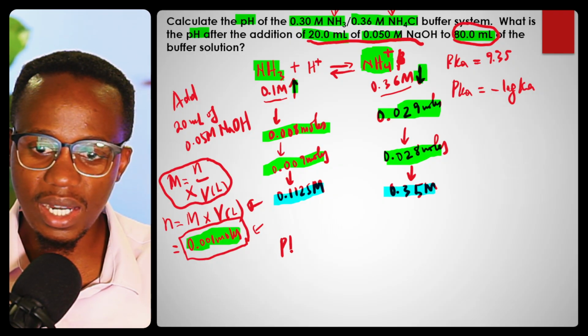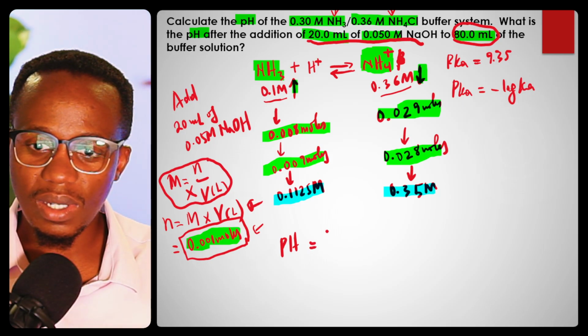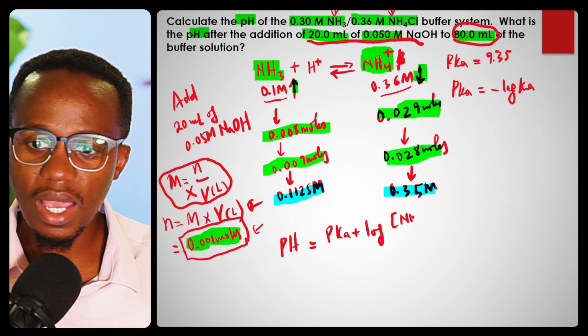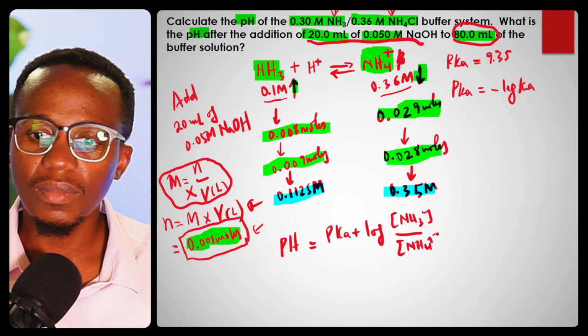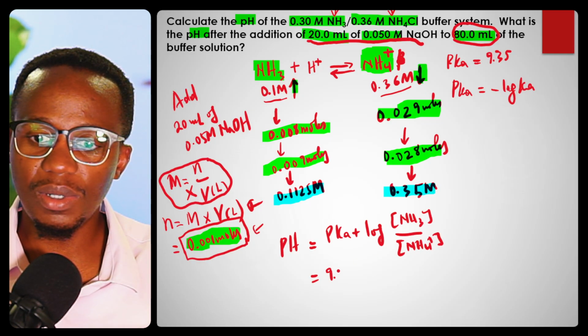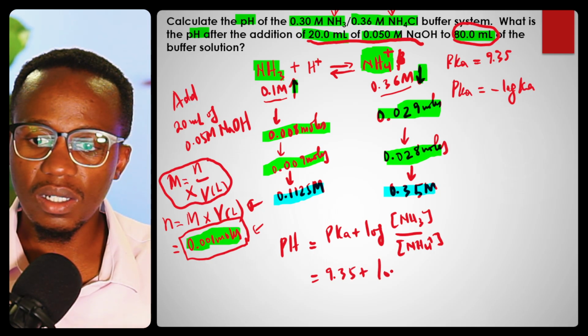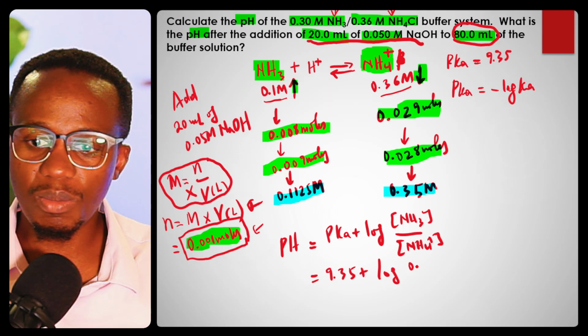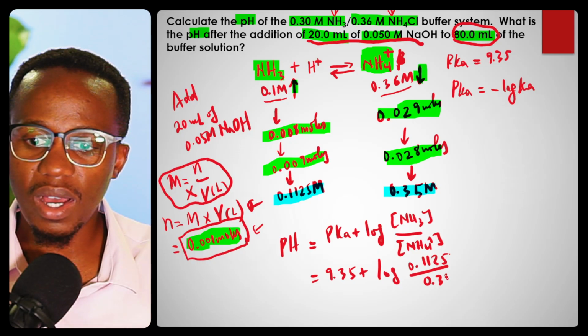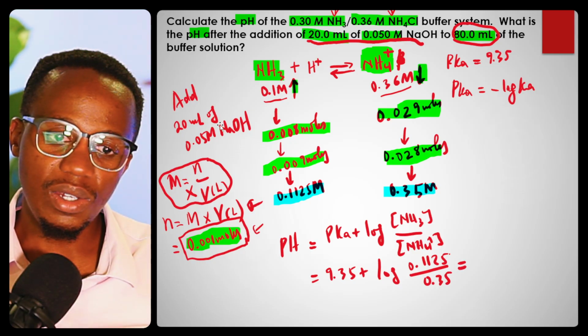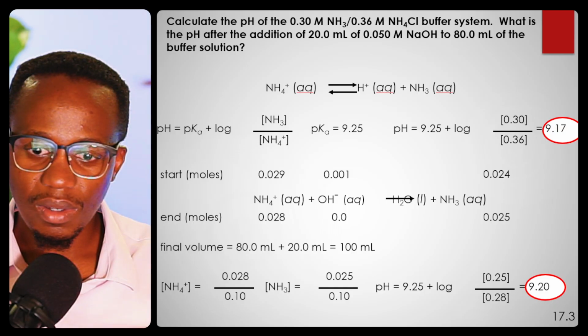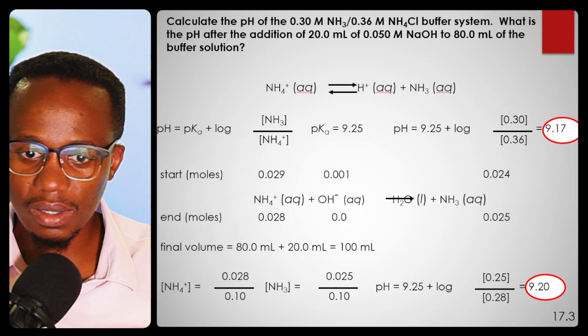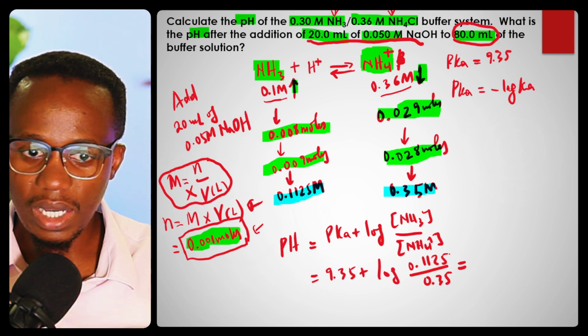So the new pH is going to be equal to, again, pKa plus log of the base over the acid, which is equal to pKa is 9.35 plus log of the base, which is 0.1125, over the acid, which is 0.35. And this is the new pH, and it should be the same here, which is 9.2.